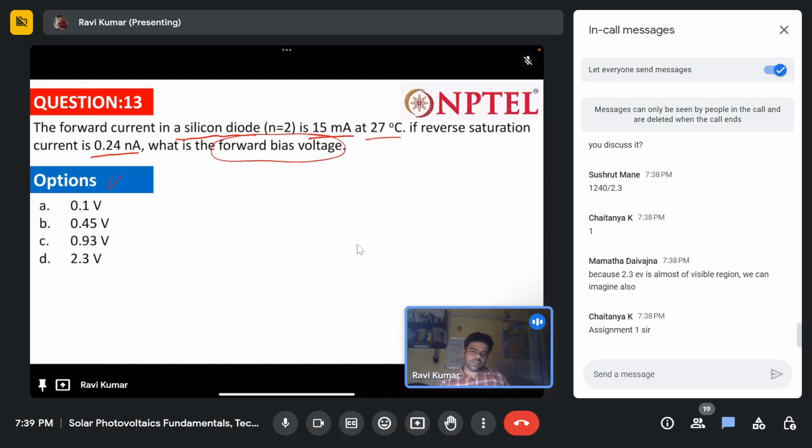Chaitanya, just let me know the question number. I'll solve it definitely. Does anyone know the formula here?